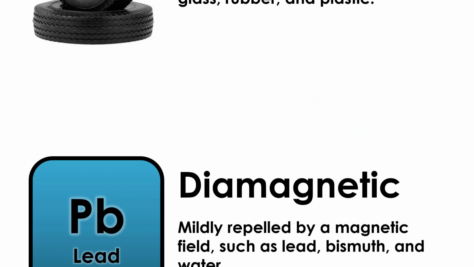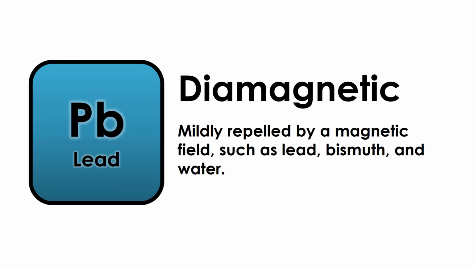And then finally, we have diamagnetic materials. Diamagnetic materials are mildly repelled by a magnetic field, so they're actually pushed away from a magnetic field. This includes several materials such as lead, bismuth, and water. This effect is so small that it usually cannot be detected.